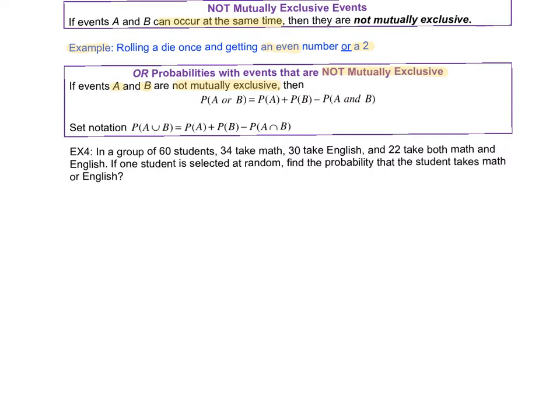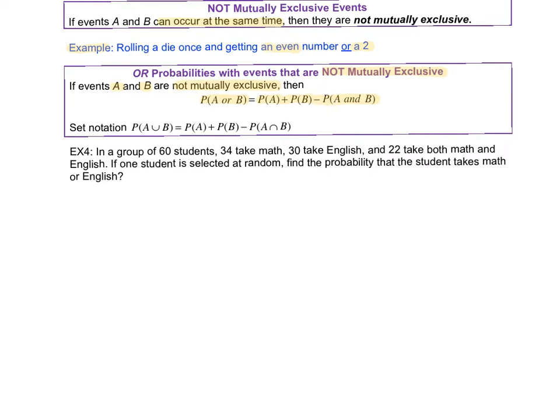And then the formula would be the probability of A or B is probability of A plus probability of B. Now, since these are not mutually exclusive events, then it could happen that you've counted something more than once. So you also need to subtract the probability of A and B occurring at the same time.